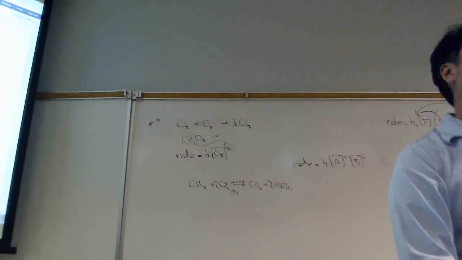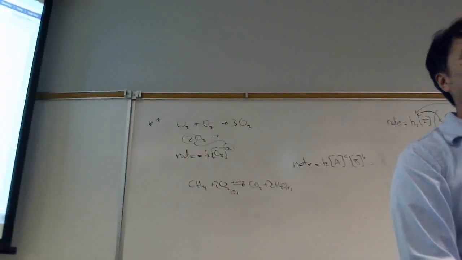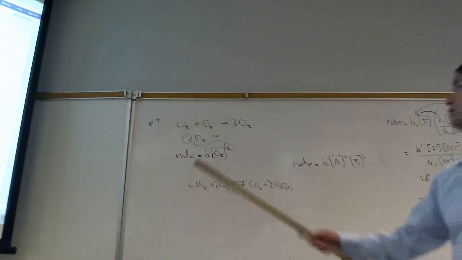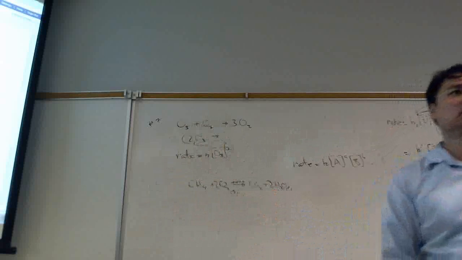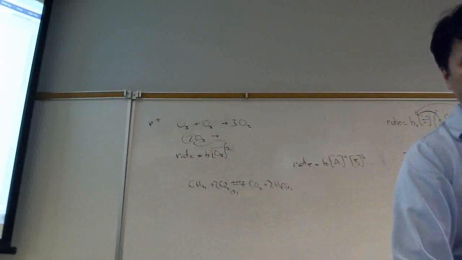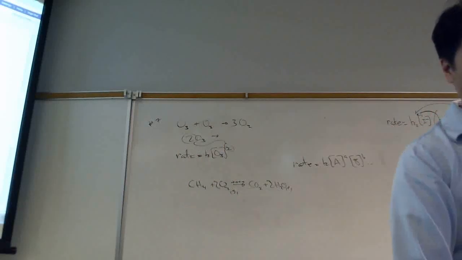The first step could be unimolecular or bimolecular. It wouldn't be termolecular, because there aren't 3 ozones here. Anyway, those are lower probability. Sometimes you'll see those in mechanisms, but not common.